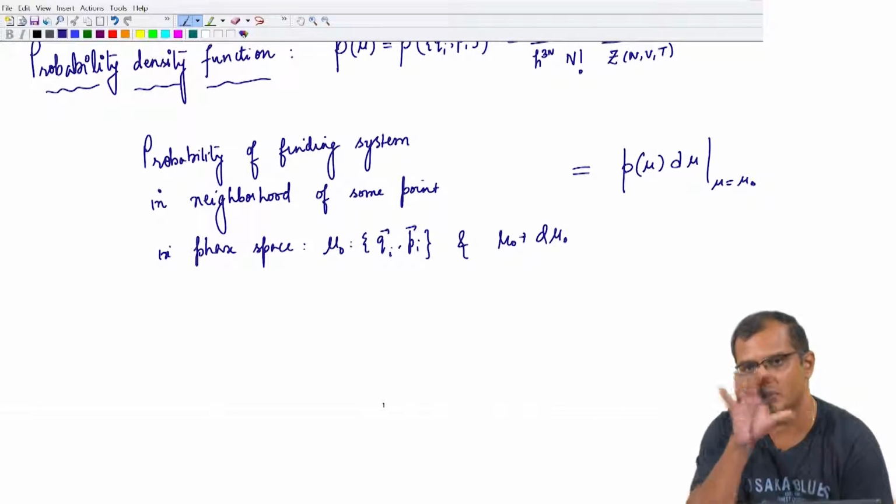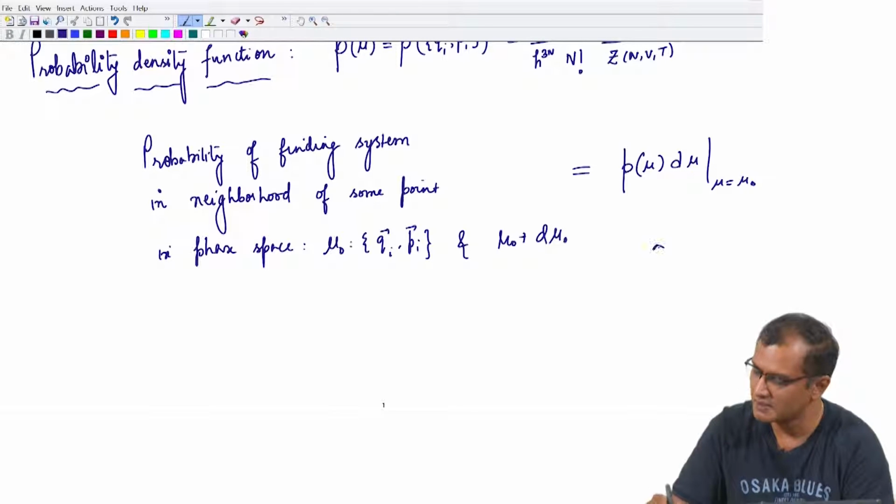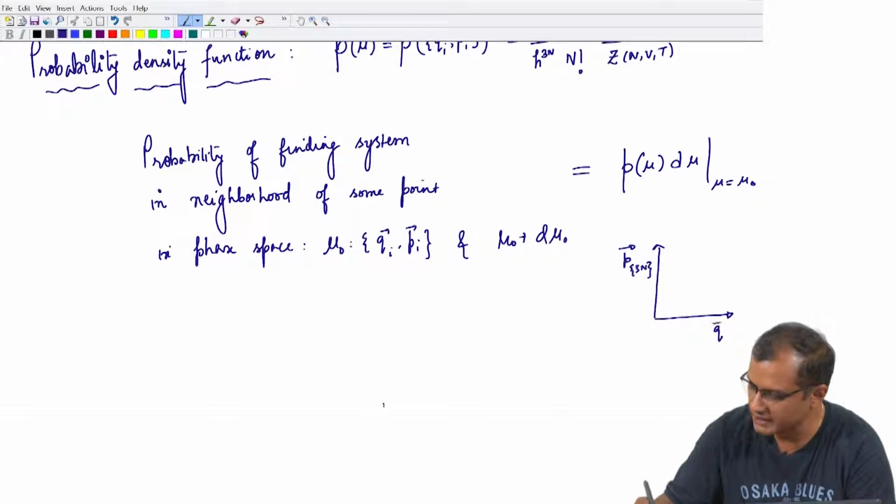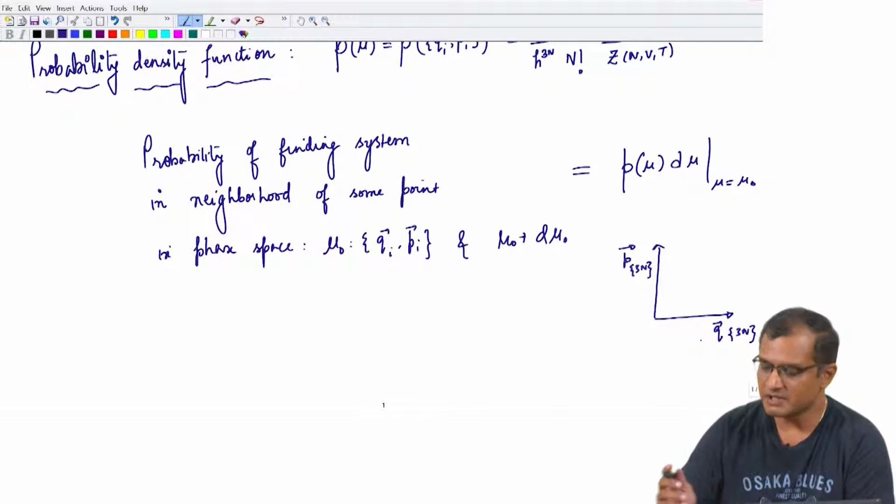So, you go to your 6n dimensional phase space, so this is basically 3n momentum coordinates and I have 3n position coordinates in this 6n dimensional phase space.